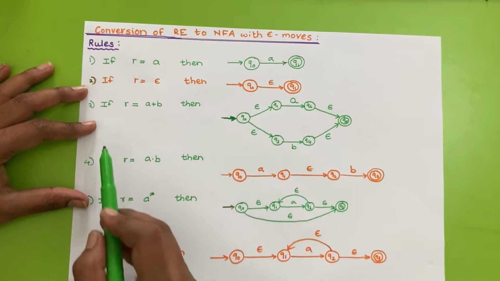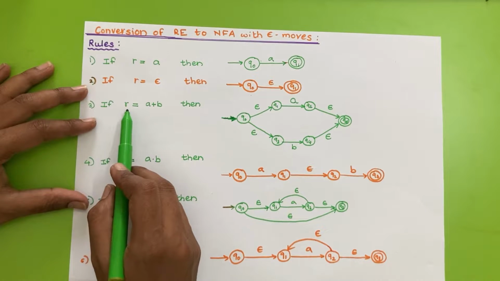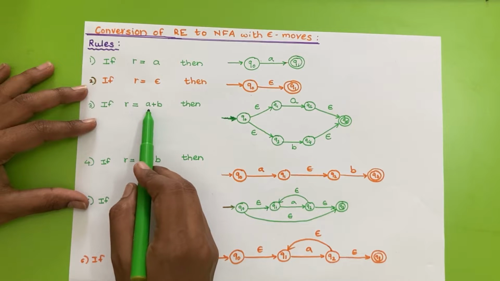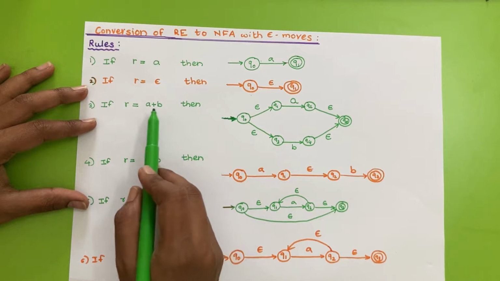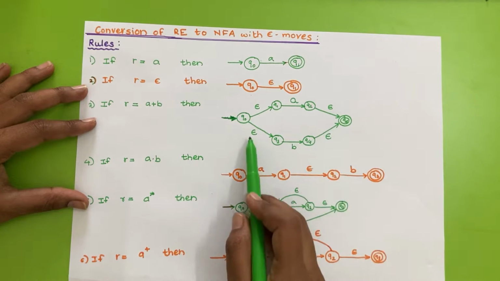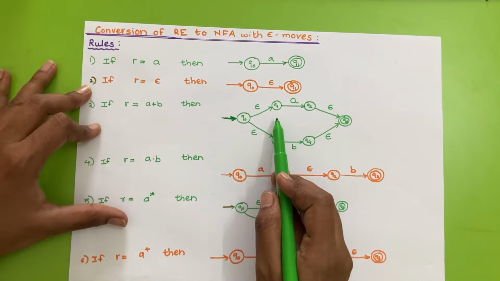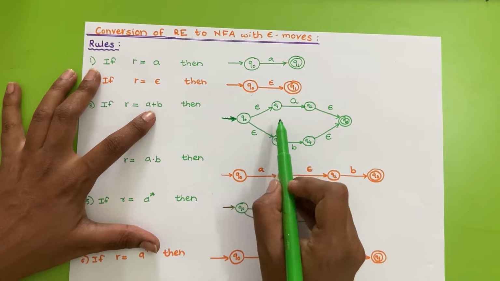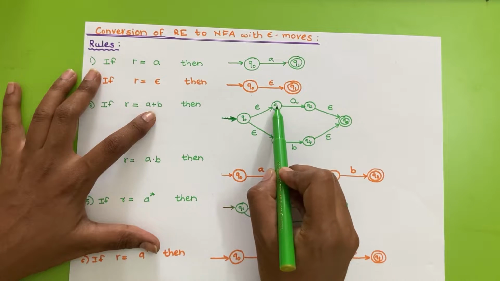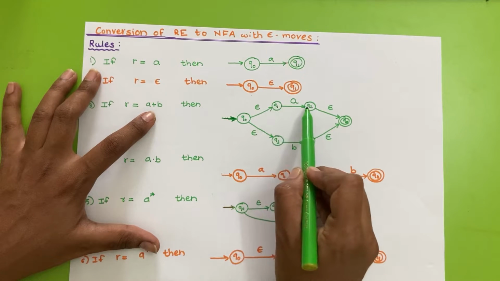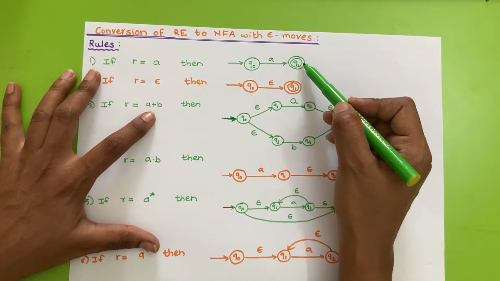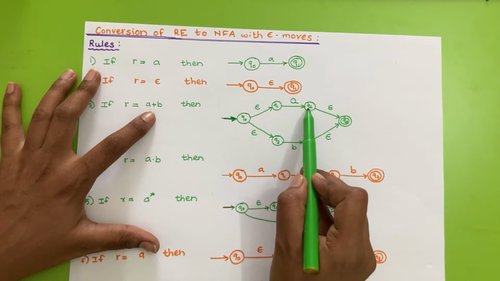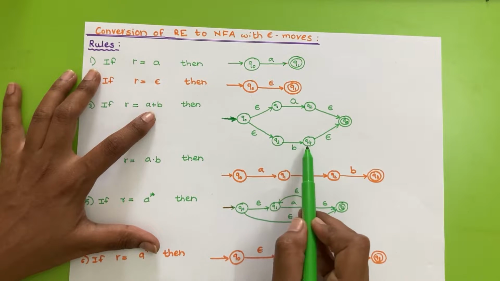Here we only have an initial state and a final state and only one transition on the respective input. Now if we have a regular expression of type A plus B, the corresponding diagram will be like this. We have drawn the basic diagram for single A and single B by following the first rule.